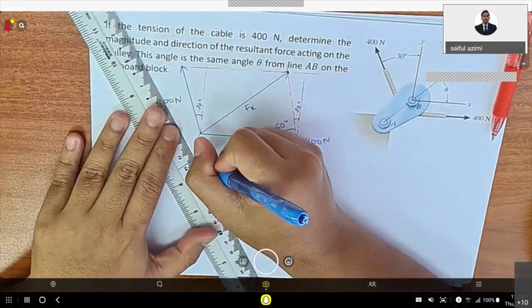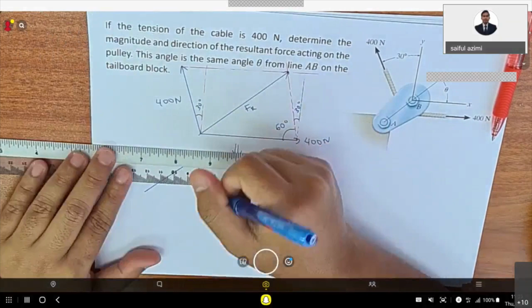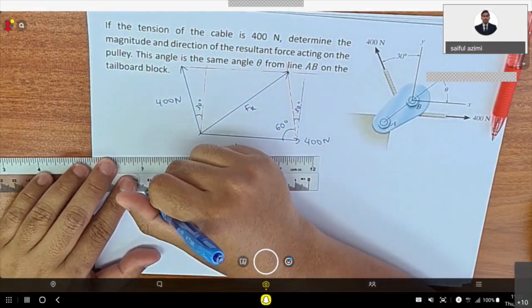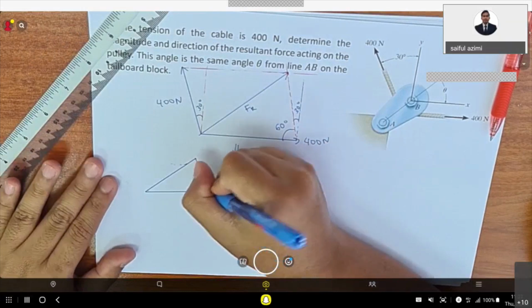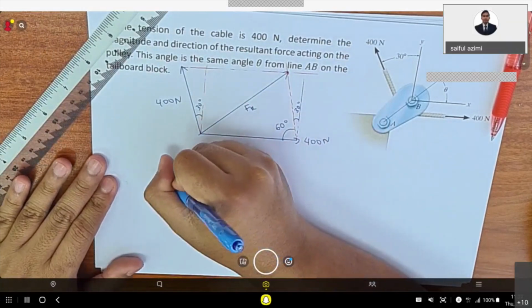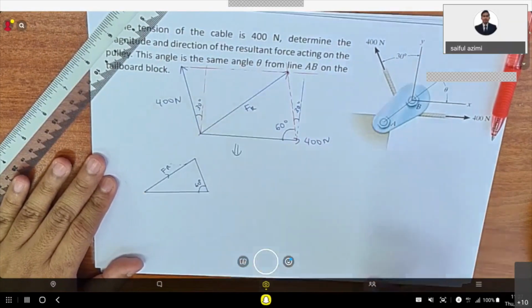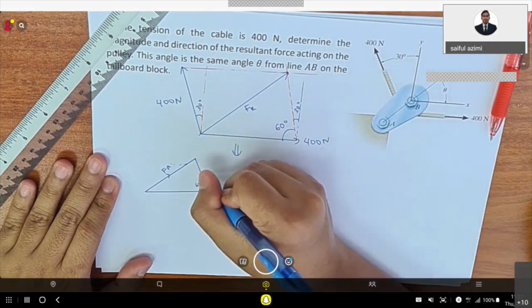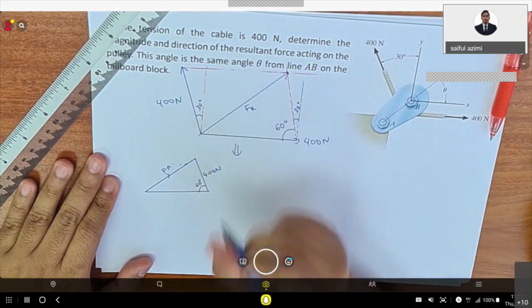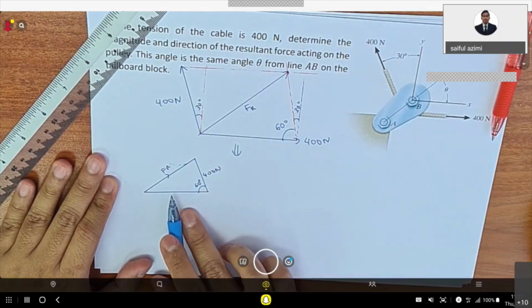Okay. So this is 60 degrees, and then this is your FR, and this is 400 Newton, and this is also 400 Newton.